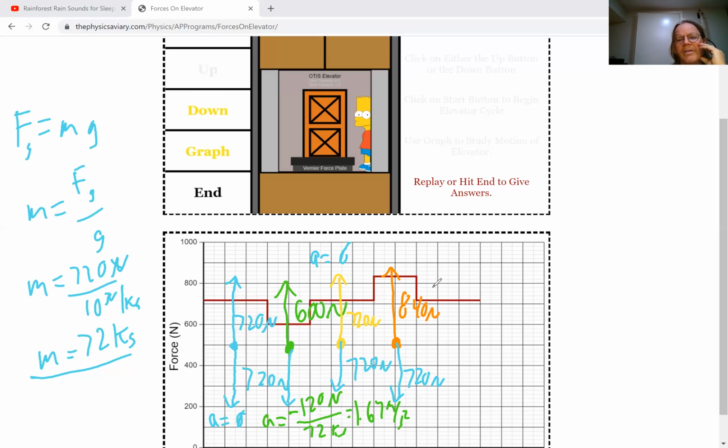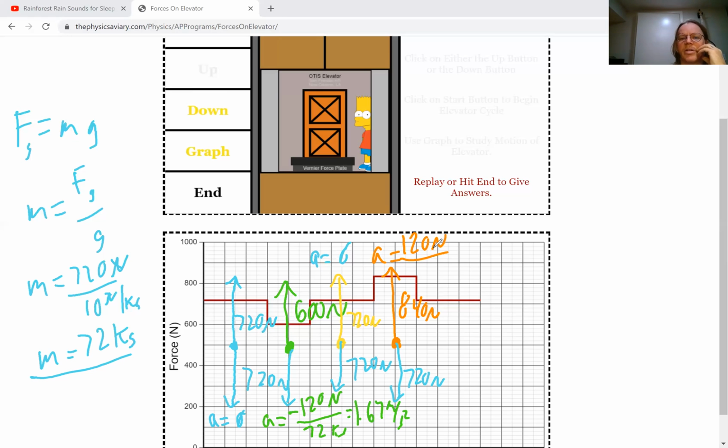So now we have an acceleration right over there. And this acceleration, it's the net force. So it's the 840 minus the 720. Well, that's 120. Okay. So I got 120 newtons more up than down. That means the acceleration is going to be positive because it's in my positive direction. Sure, it's opposite to motion, but it's slowing down, going in the negative direction.